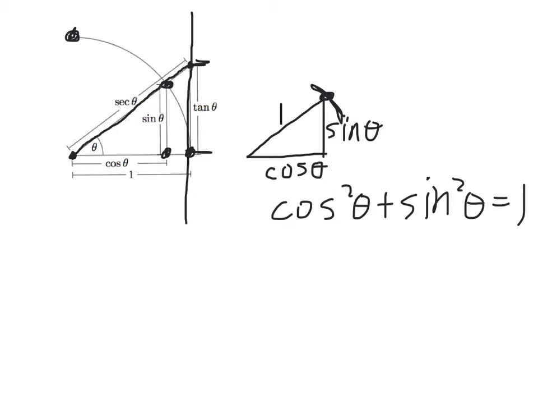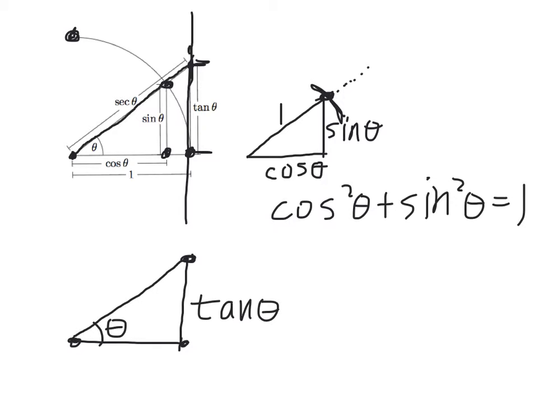Now, let's extend this out to this vertical line, and our right triangle, well, it's a little bigger. This part we're going to call the tangent theta.